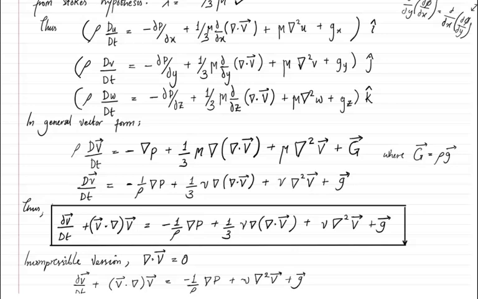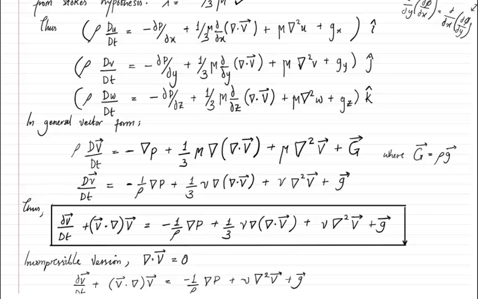Thus we have the general form of the Navier-Stokes equation, which is: dV/dt plus V dot grad V is equal to minus 1 over rho grad p plus 1/3 nu grad of the divergence of V plus nu del squared V plus g. So that's the general form of the Navier-Stokes equation for any situation: compressible Newtonian fluids subject to both surface forces and body forces.